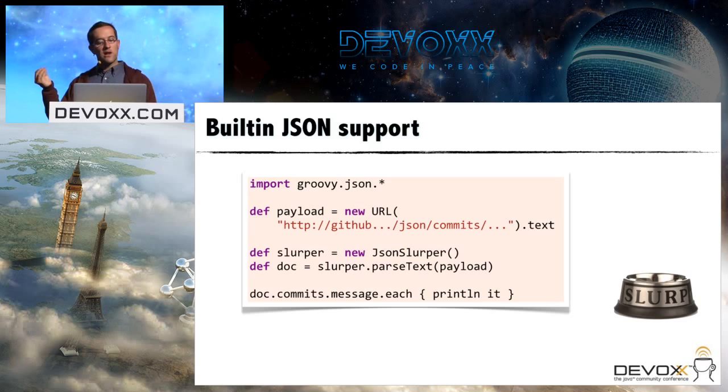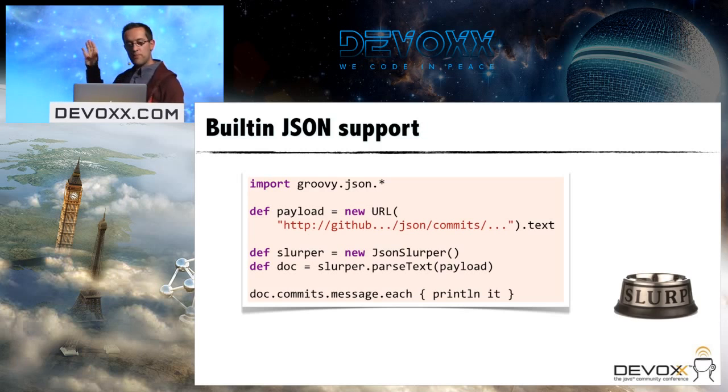In just one line, new URL, blah, blah, blah, .text, you can do an HTTP GET of a remote resource without having to create a buffered reader over a URL input stream with open connection, etc., and then do a while loop to append all that stuff in a string builder or something like that. In just one line of code, you can easily get the content of a remote endpoint.